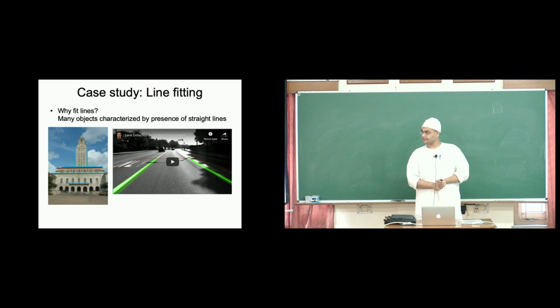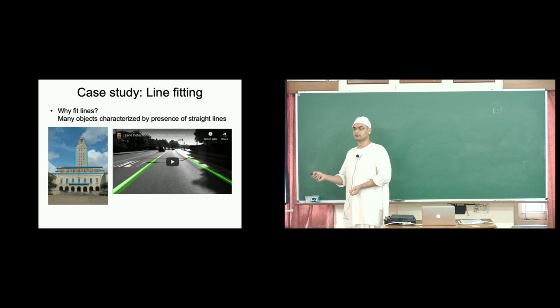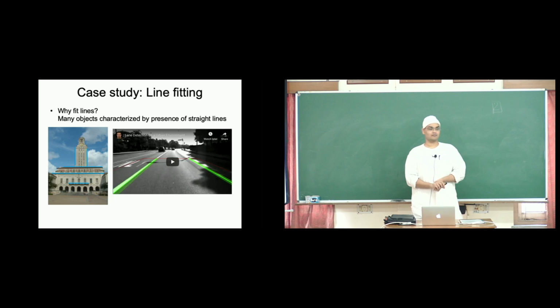Now if you have the lines, how can you identify them? Can we just identify the lines by finding the edges? Remember we have shown the example of edge detection on this image. If I do the edge detection, can't I just find the line?